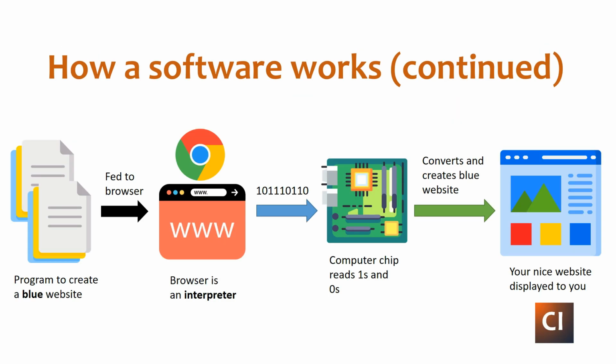So this is a simple diagram, right? About how a software works from the perspective of a website. All right, so we are trying to combine everything that we've learned in the previous slides into one diagram. All right, so over here on your left side, you have the program.